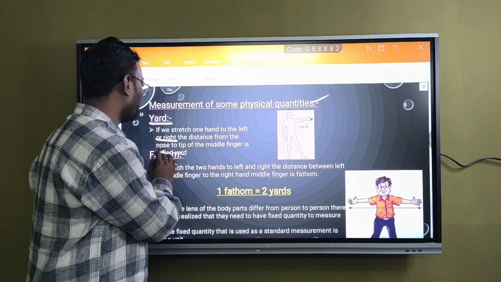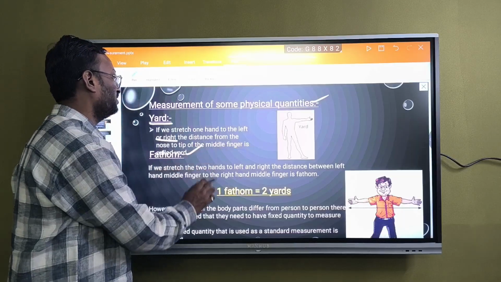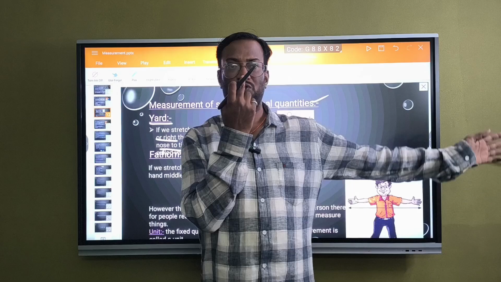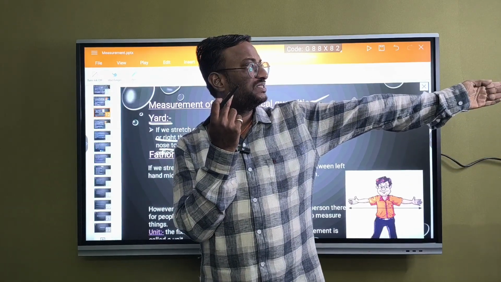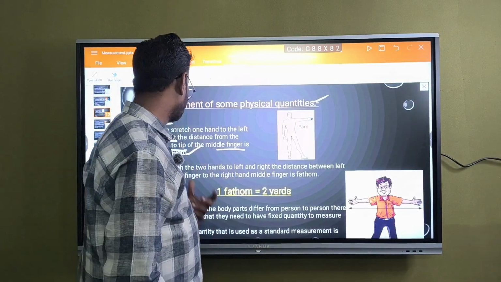The distance from the nose to the tip of the middle finger is called a yard. So what is yard? The distance from the nose to the tip of the middle finger, after stretching, this distance we call a yard.